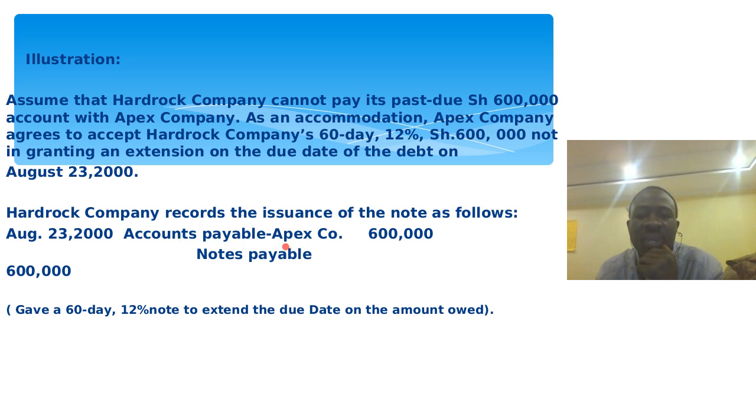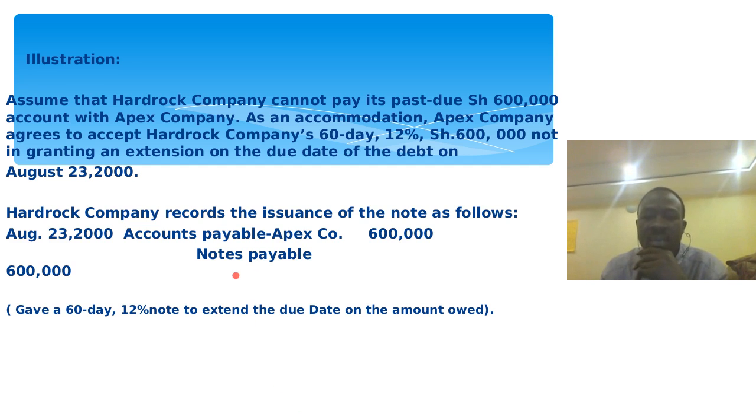The accounts payable in our case is the Apex Company, which we debit by 600,000, and then we credit the notes payable by 600,000, just to recognize the existence of that note without incorporating the interest and the time period.